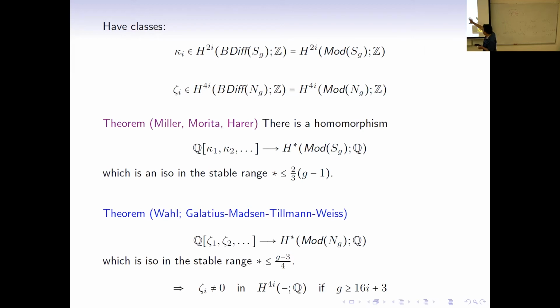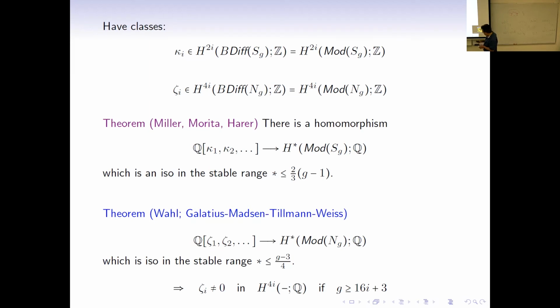So I mentioned the theorem of Miller, Morita, and Harer before. What you get in the non-orientable case is that the cohomology of the stable non-orientable mapping class group is given by a polynomial algebra on these classes zeta_i, right?